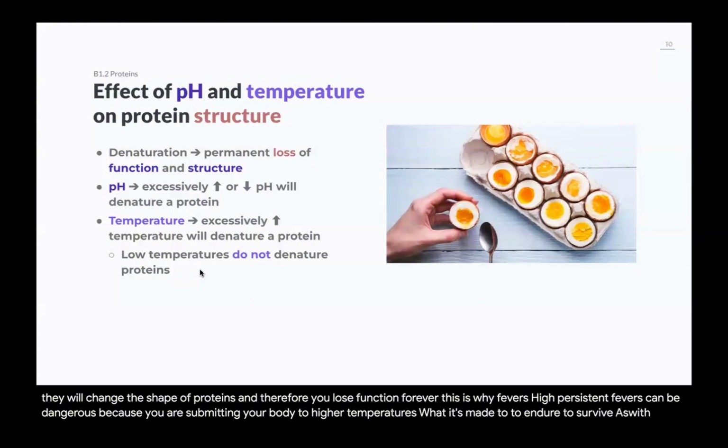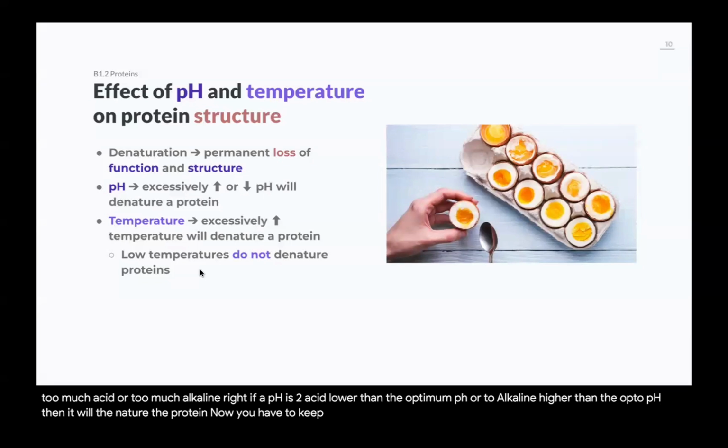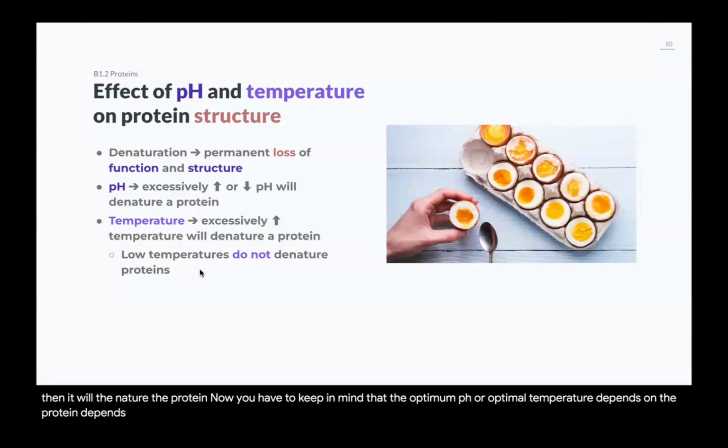As with pH, too much acid or too much alkaline, right? If a pH is too acid, lower than the optimal pH, or too alkaline, higher than the optimal pH, then it will denature the protein. Now you have to keep in mind that the optimum pH or optimum temperature depends on the protein, depends on the organism.